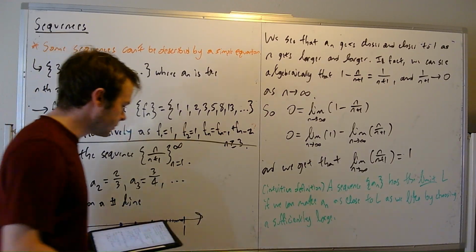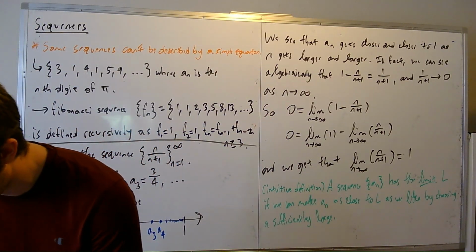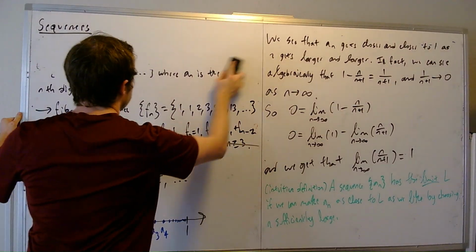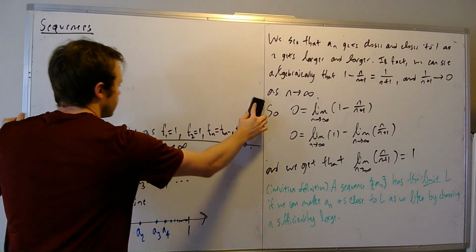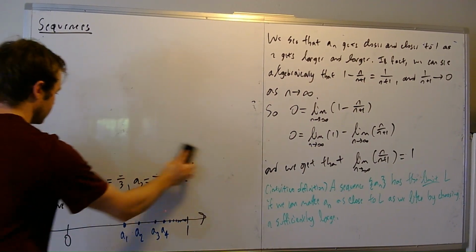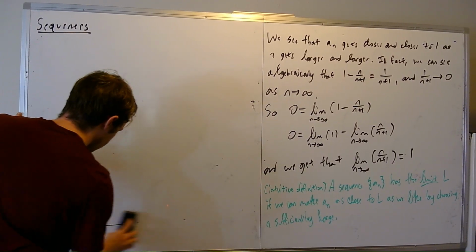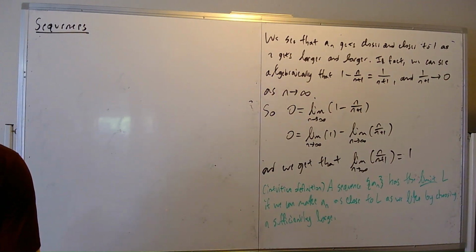Okay, but let's write this a bit more rigorously. So let me write that on another board. That's just the intuitive way of writing it, but let me write this down a little bit more rigorously. Okay.